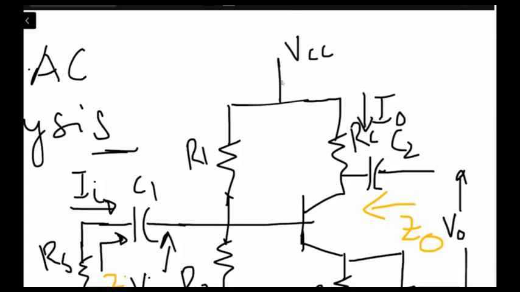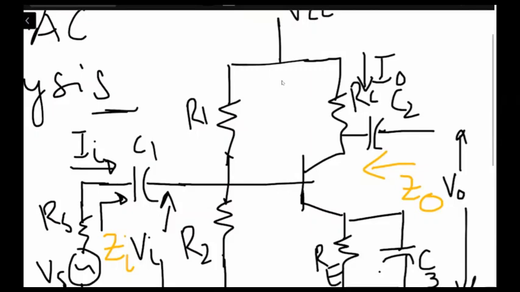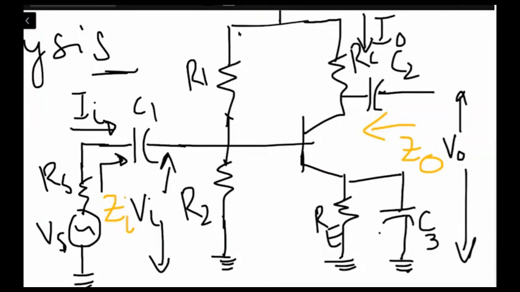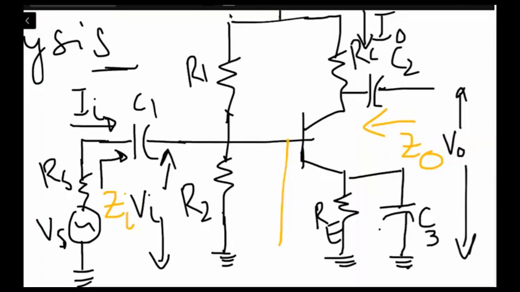Now we come towards the capacitor C1. When it is working for AC, it is behaving as having very low reactive resistance. Let me just redraw the circuit.